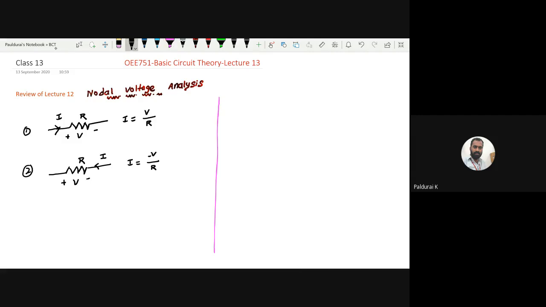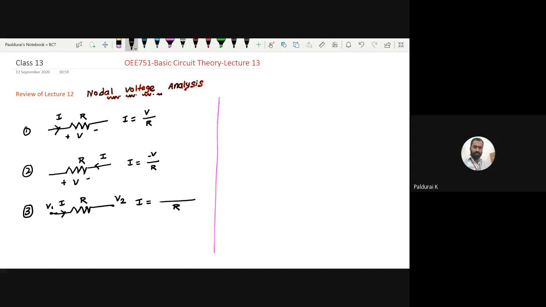Coming to case number three. This time two voltage sources. Take this as R, this is V1 and this is V2, and the current is flowing from left to right. Here the flow is I equal to V by R, where we have only one R, not a problem.